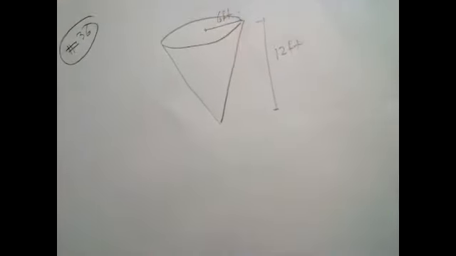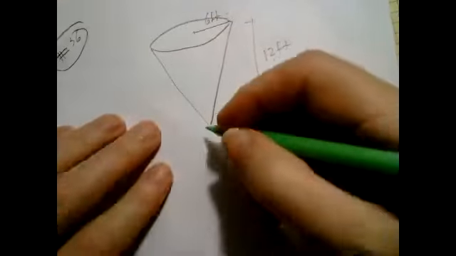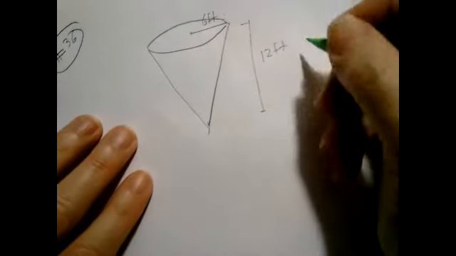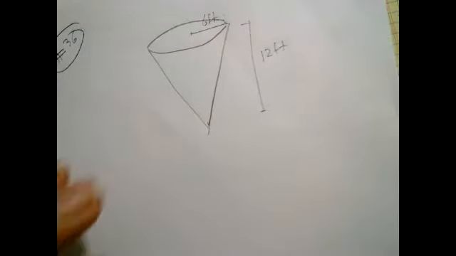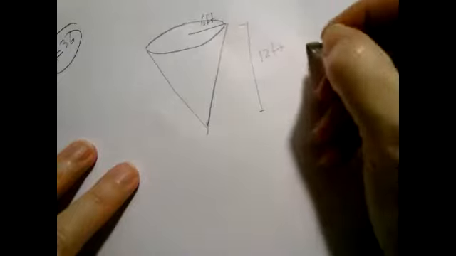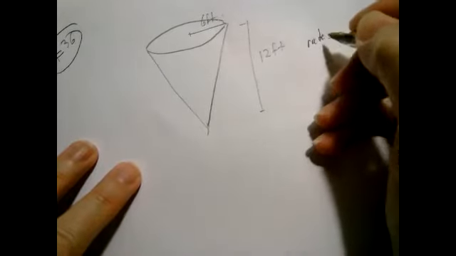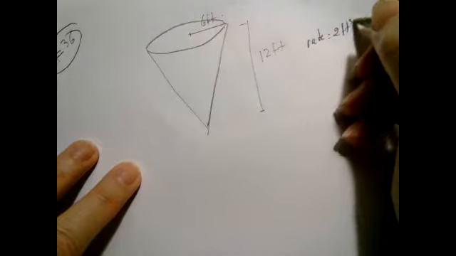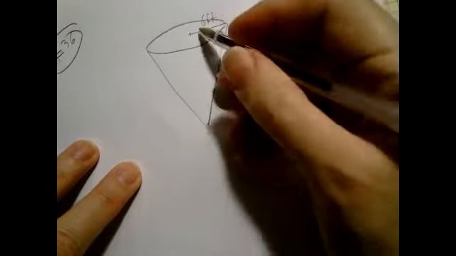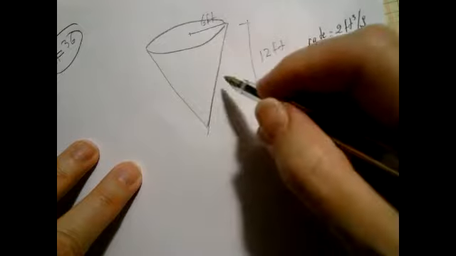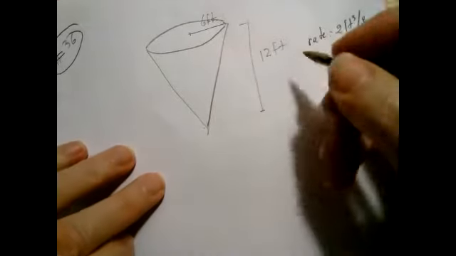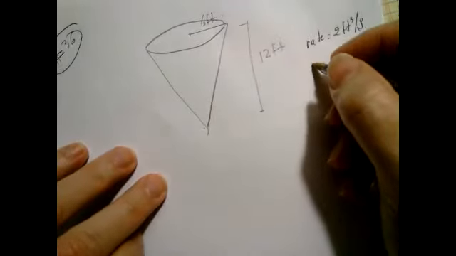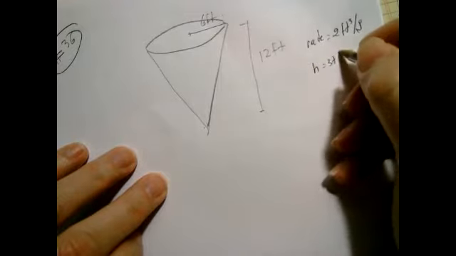And the water is draining at the rate of 2 feet cubed per second. As the water drains, the height is changing, and the question is, how fast is the height changing when the height is 3 feet?